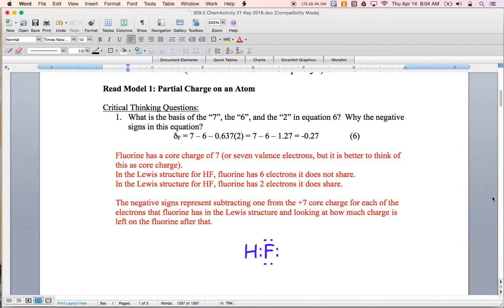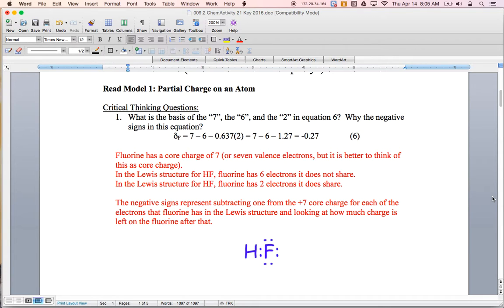So if we start looking at the equation, you'll notice that the 7 represents the core charge of the fluorine, or 7 valence electrons, but it's probably better to think of it as the core charge. In the Lewis structure, fluorine has 6 electrons that it doesn't share, so that's a -6 charge that works toward canceling out the positive 7 core charge. And then fluorine has 2 electrons that it does share.